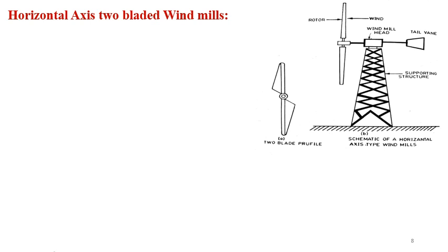The blade rotor is usually designed to be oriented downwind. I hope you know what downwind is. We studied upwind and downwind in the previous session. So it is oriented downwind of the tower. The components are mounted on a bed plate which is attached on a pintle at the top of the tower.